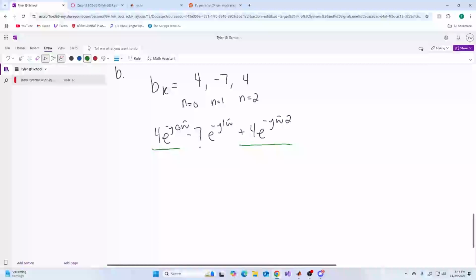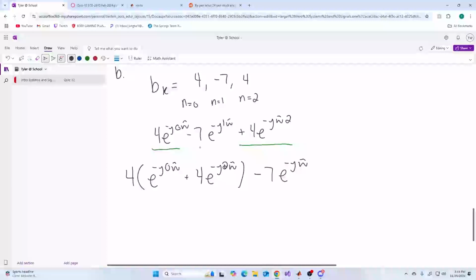So I'm going to pull out that 4. So I'm going to have 4 times e to the negative j 0 w hat plus 4e to the negative j 2 w hat minus 7e to the negative j w hat.